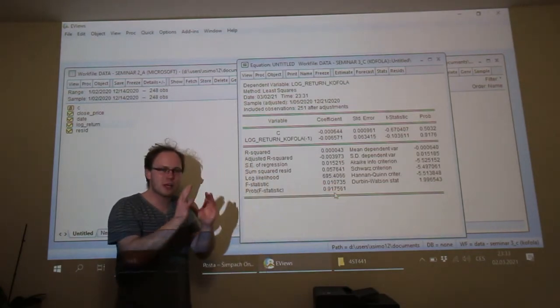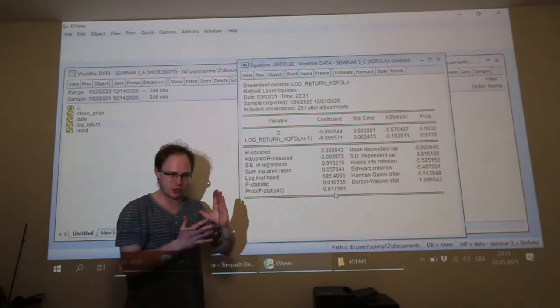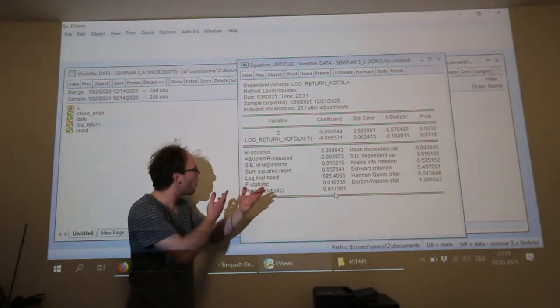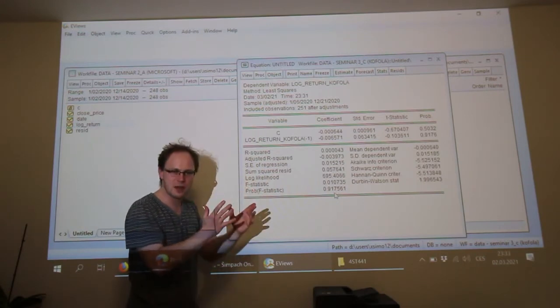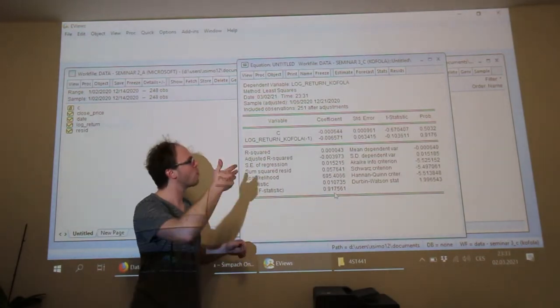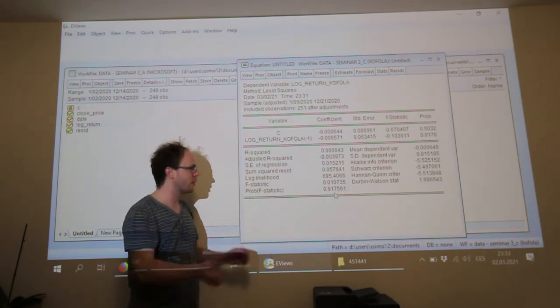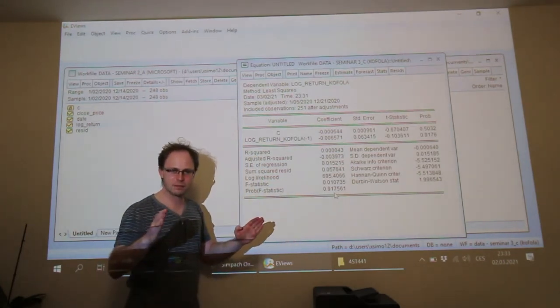It means that the zero hypothesis is not rejected, so there is absolutely no dependence in the data set. No correlation, no dependence, no autocorrelation, nothing.